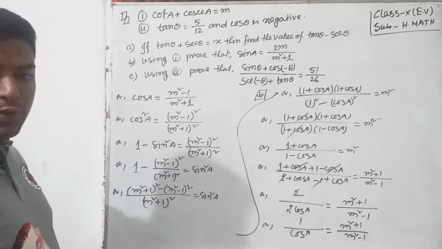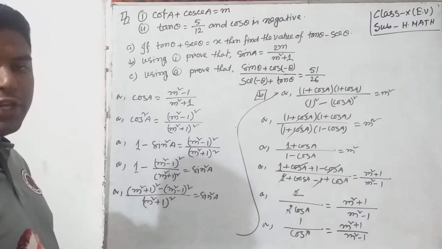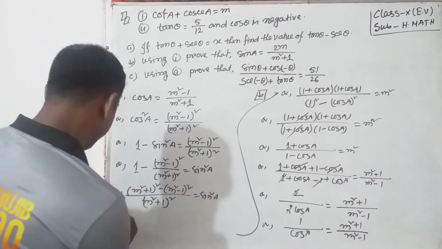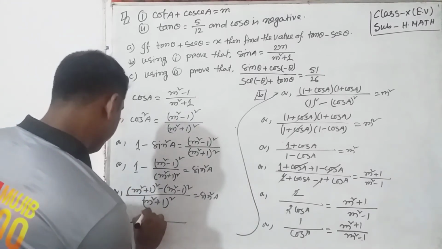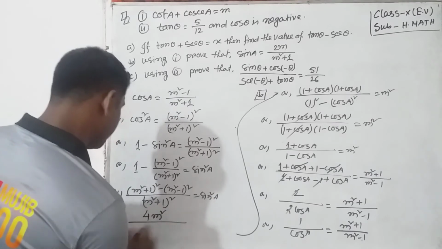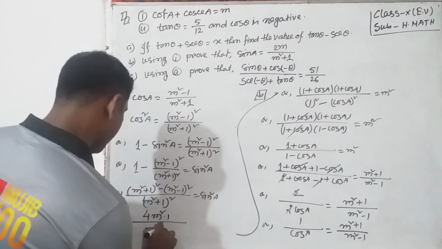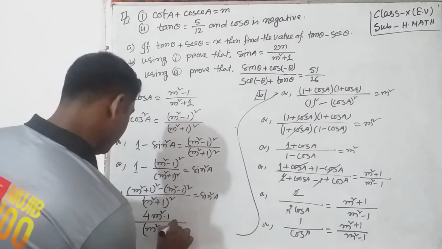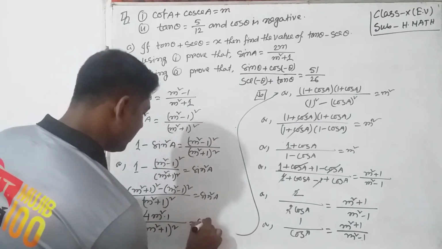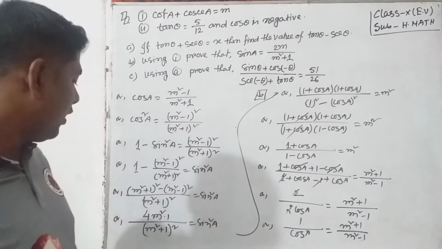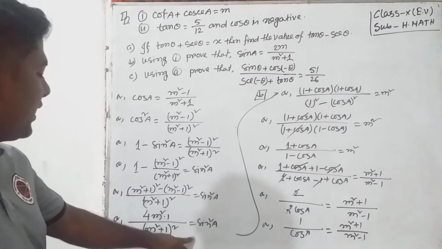We know a plus b whole square minus a minus b whole square equal 4ab. So we can write 4 m square into 1 over m square plus 1 whole square equal sin square A. Okay, now we find out the value of sin A.